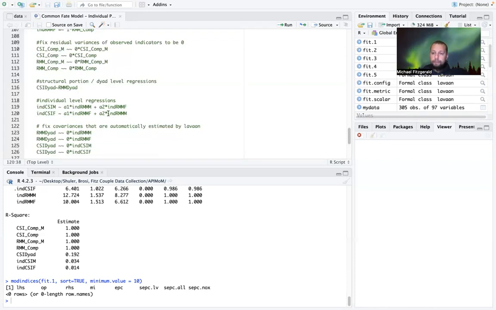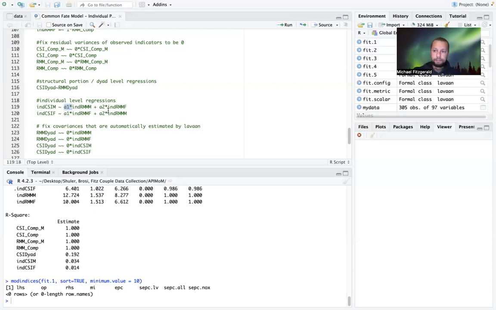But you may have noticed that we only had 1 degree of freedom in our original model. So if we are going to be requesting 2 additional parameters being estimated, those partner effects, then we need to find those degrees of freedom somewhere in the model. So what we are going to do is constrain the within person effects for male and female to be equal, indicated by this A1 star.